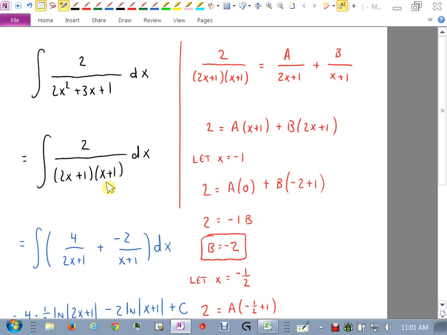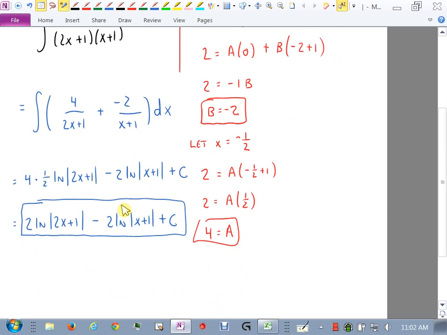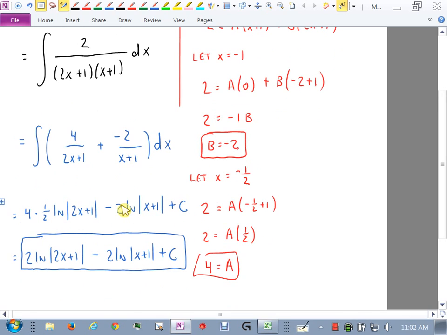Last class we learned that if you have distinct linear factors, you could break that up into this format over here, right? Then I went through and did the work and figured out what A and B were, and then come back in here, and then I just have to integrate these two. It's pretty direct because it's just going to be like 1 over u's on both of those. We're going to be doing a little bit more of that today.